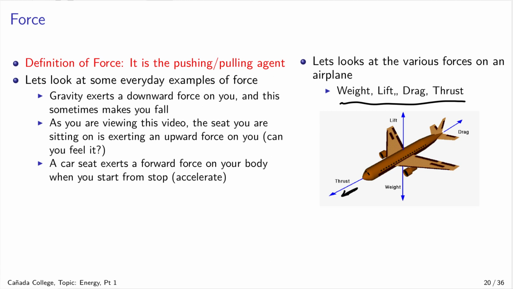Now if you give it forward motion, you're providing something called thrust, so that makes the plane move forward. In real planes, there are two other forces. One is called lift, which is related to the shape of the wings. The shape of the wings of a plane are very carefully designed so that when it travels through air, there is a net upward force acting on it, so that it keeps the plane flying, right?